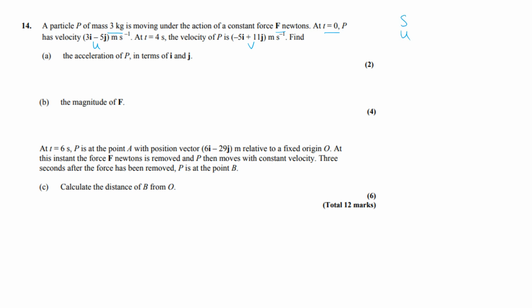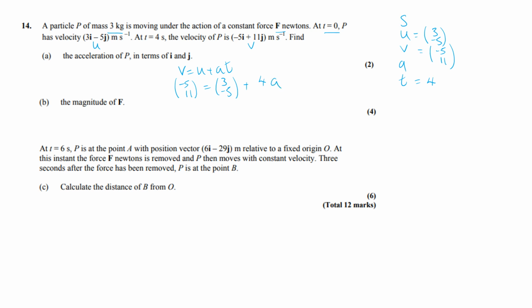So if we write down our SUVAT of what we've got, we know u is (3, -5). 4 seconds later, v is (-5, 11). So the SUVAT equation we're going to use is v equals u plus at. So (-5, 11) is equal to (3, -5) plus 4a.